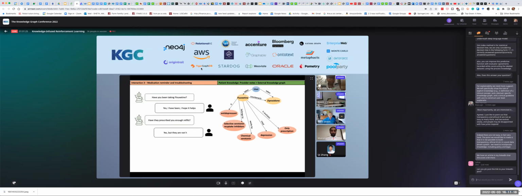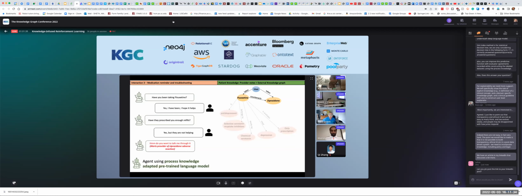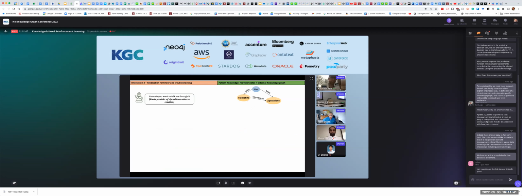The patient responds with, it's not helping. And now the bot knows that fluoxetine counteracts ziprasidone. So it devises a hypothesis and alerts the provider that it's possible that it's not helping because the patient is taking ziprasidone. Now, continuing the conversation, the bot also has from its external knowledge the side effects of fluoxetine. So fluoxetine can cause hives, skin rashes, restlessness, fever, and irregular heartbeat.